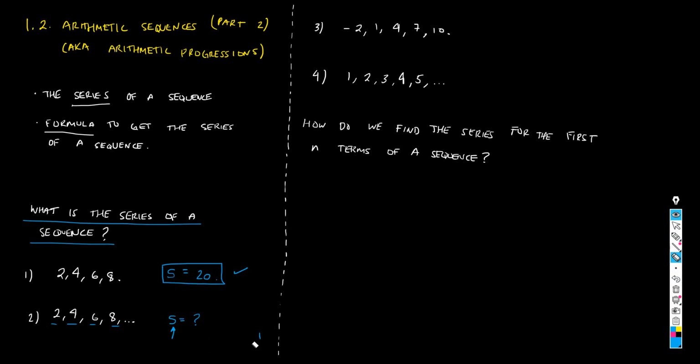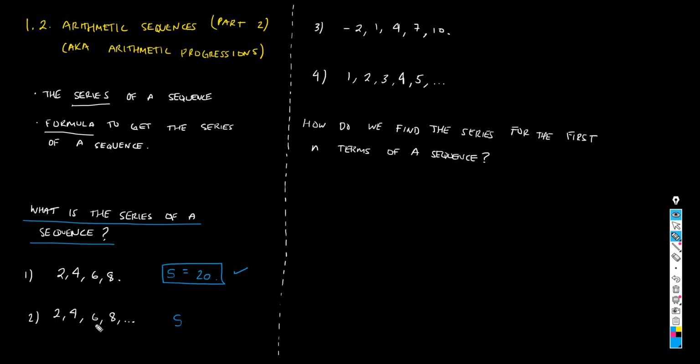So what then? Do we just leave this question unresolved, or can we change it a little bit? For example, what if I tell this person asking me for the series of this sequence, you know what, I cannot give you the full series of the sequence, but I can give you the series for just a number of terms that you want.